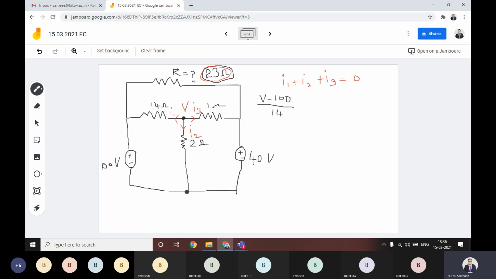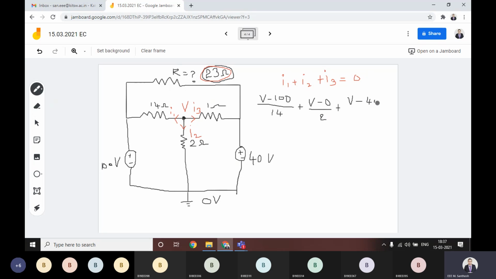That is this one. This is at ground potential. Always we assume that is at 0. Then I2 will become V minus 0 by 2. Then I3 is V minus 40 by 1.